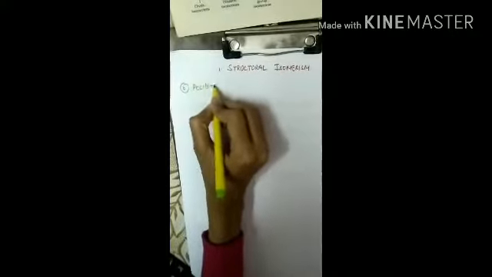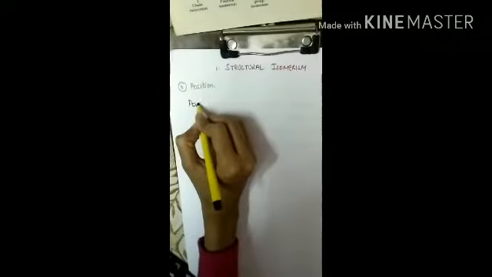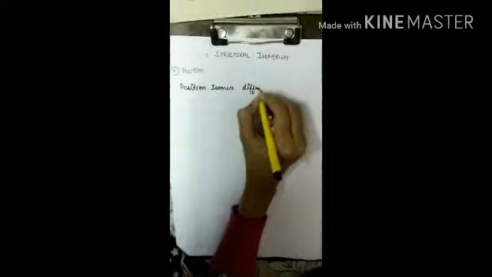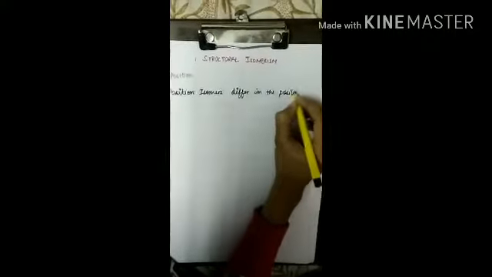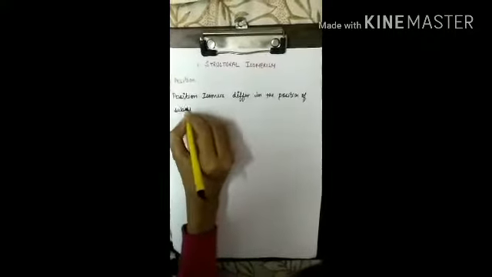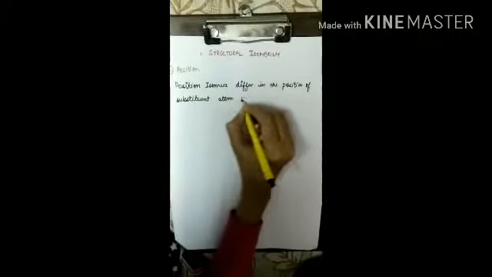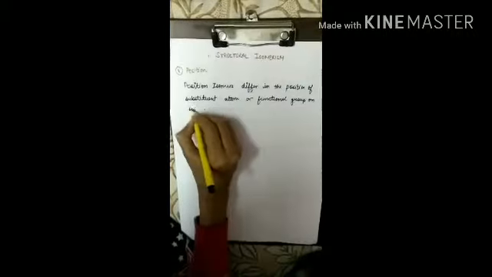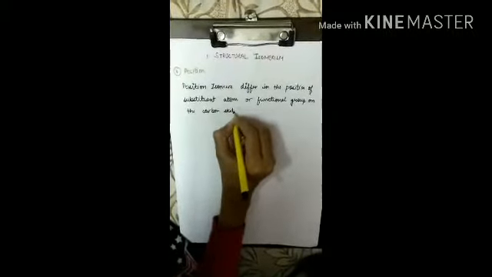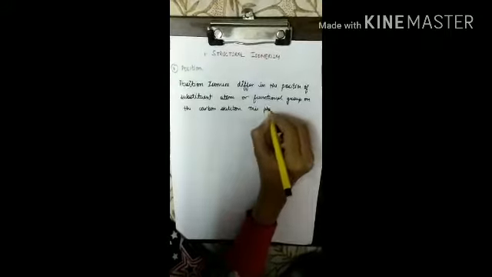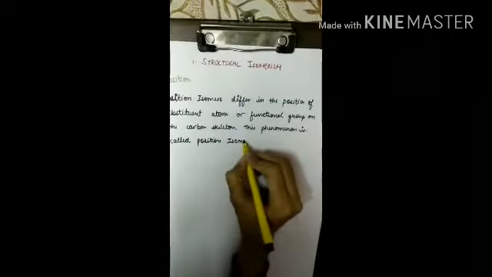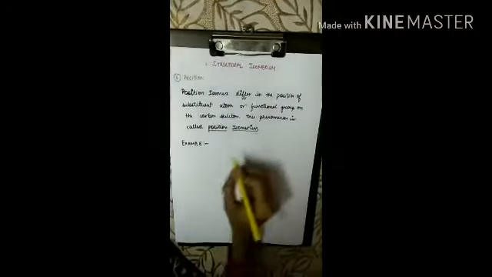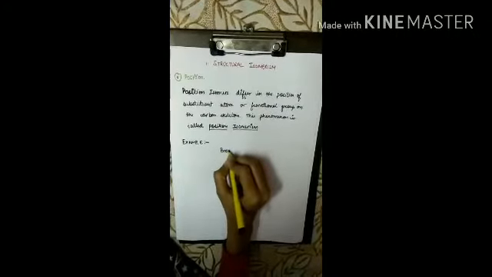Now let's talk about position isomerism. When two or more compounds differ in the position of the substituent atom or functional group on the carbon skeleton, they are referred to as position isomers, and this phenomenon is termed position isomerism. So let's take an example of bromopropane.